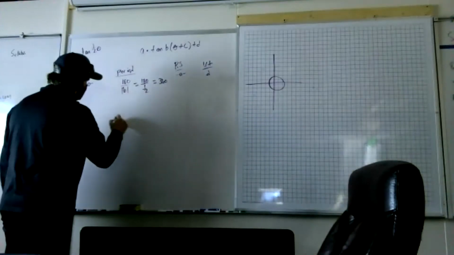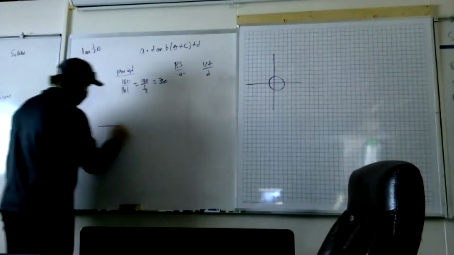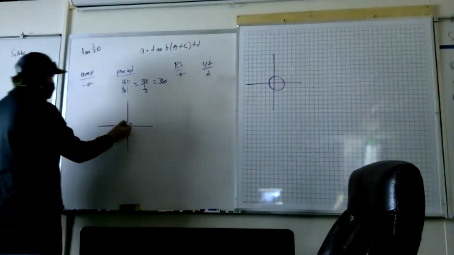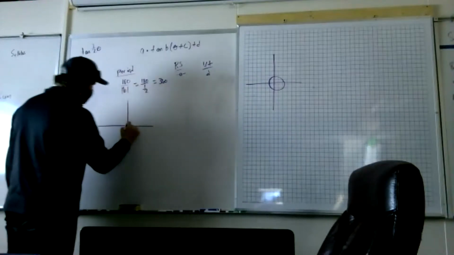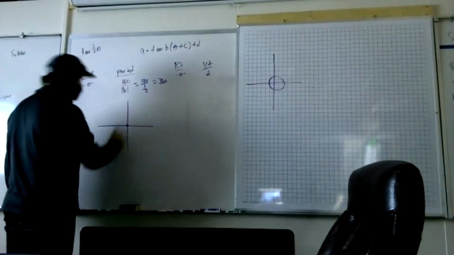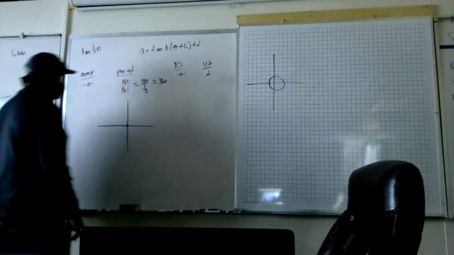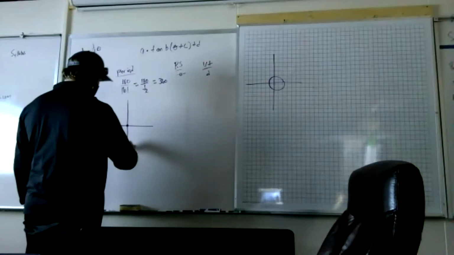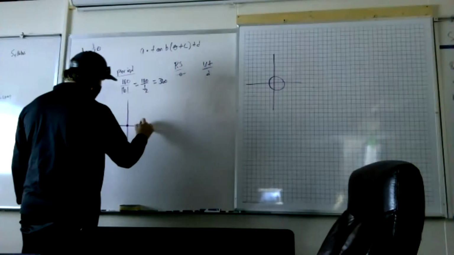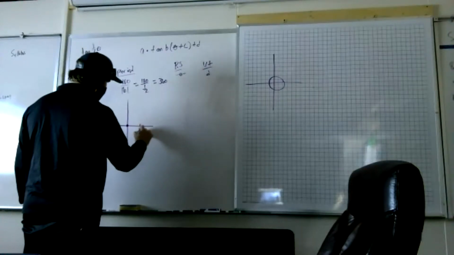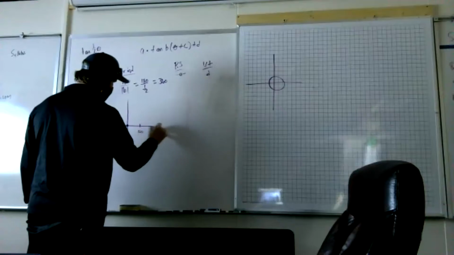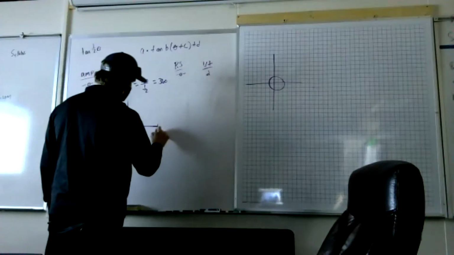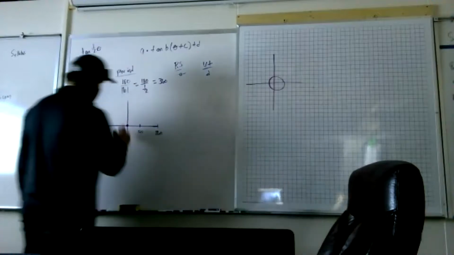Okay, we have to remember that the base graph of tangent crosses through the origin. It goes through the point 0, 0. So what that means is that I have an asymptote at 180 degrees, and then I'm going to hit 360.